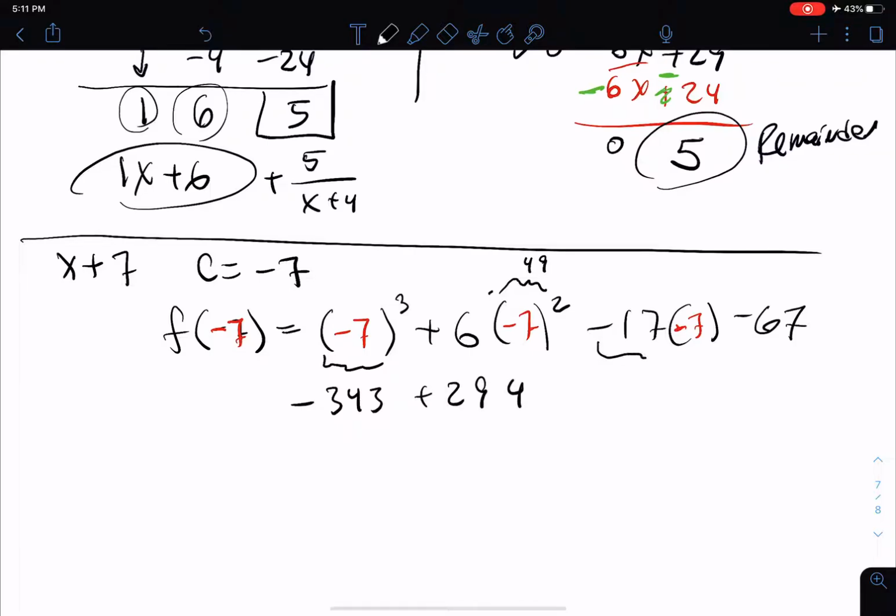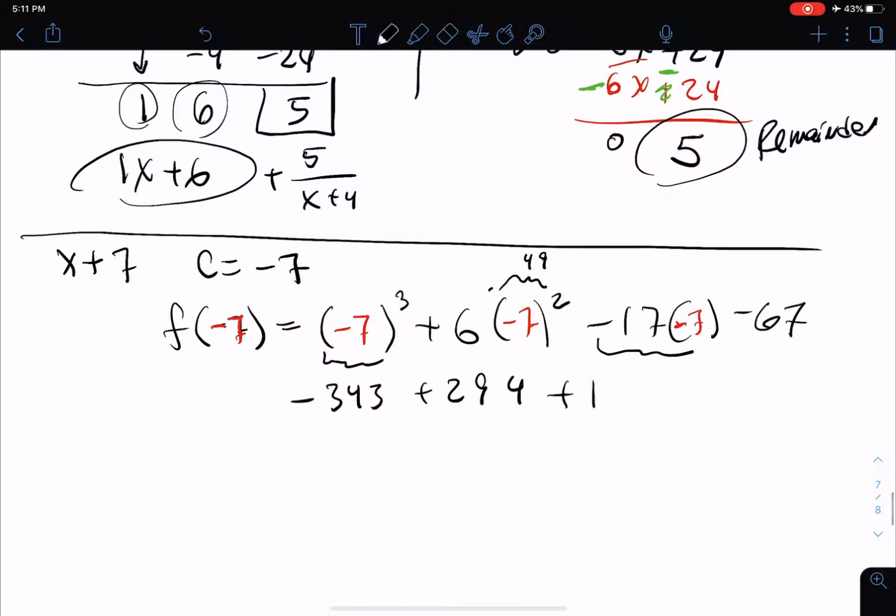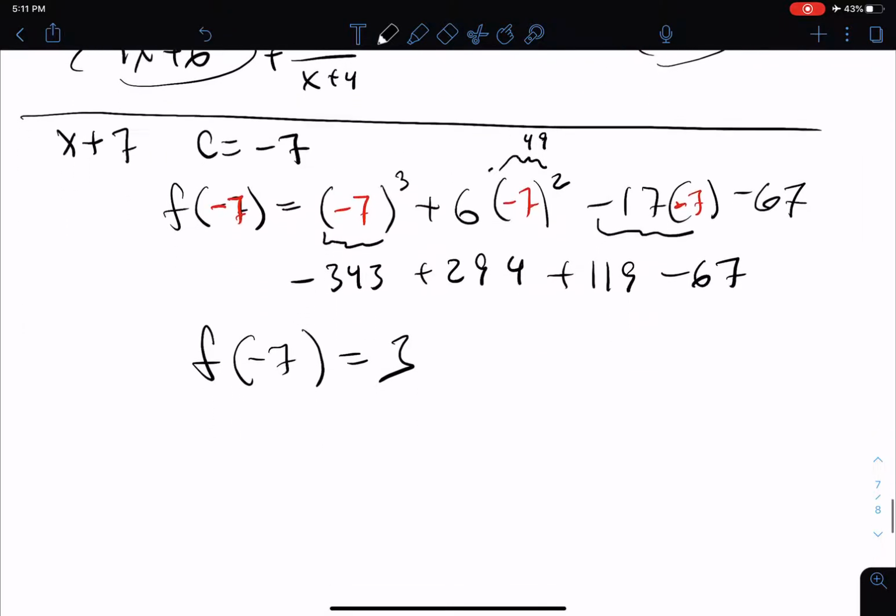And then negative 17 times negative 7 is 119. Minus 67. And when we sum all those pieces together, we end up getting f of negative 7 equals 3. What does that mean by the remainder theorem? It means the remainder, whoops, the remainder is 3.